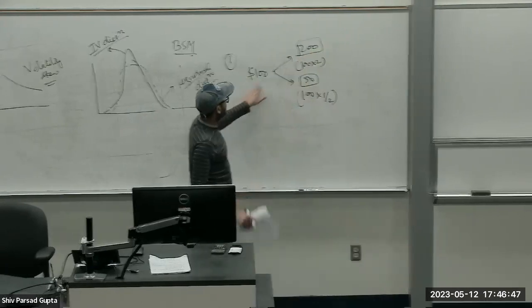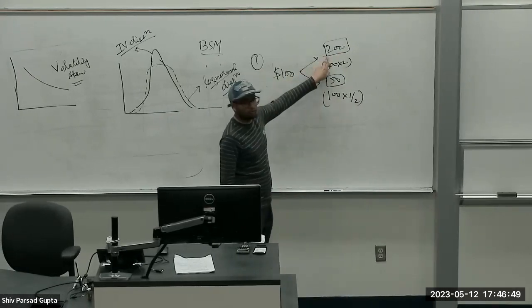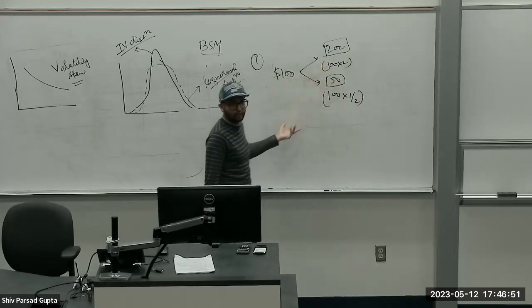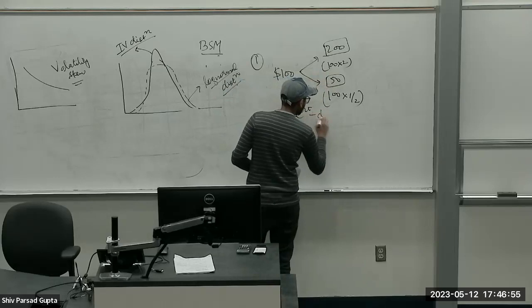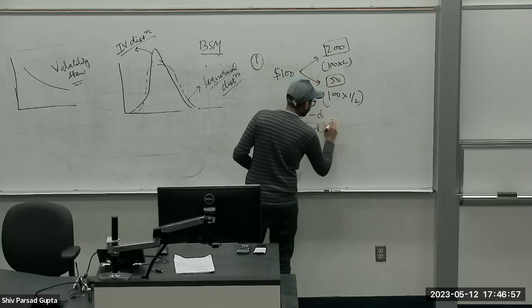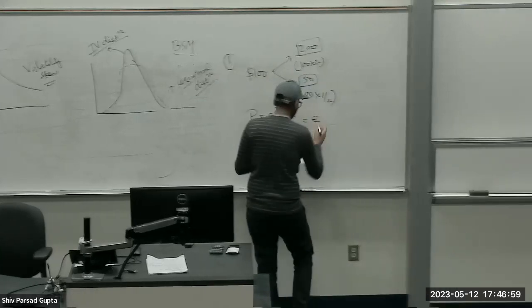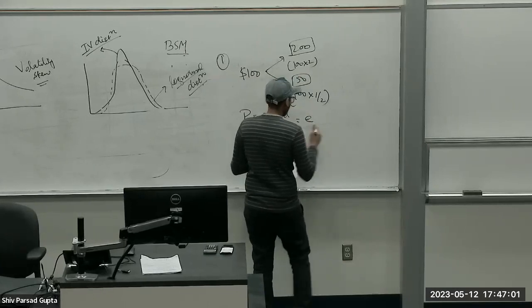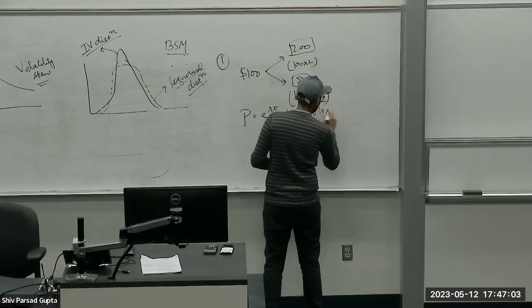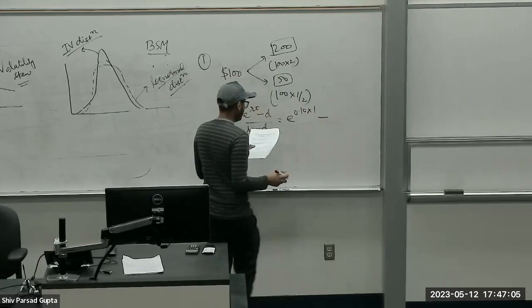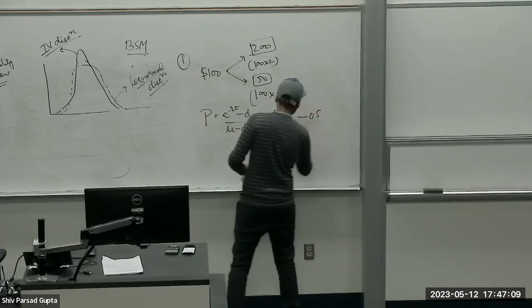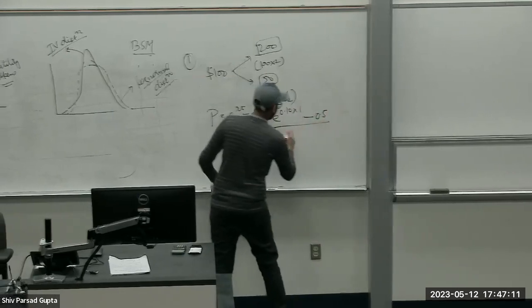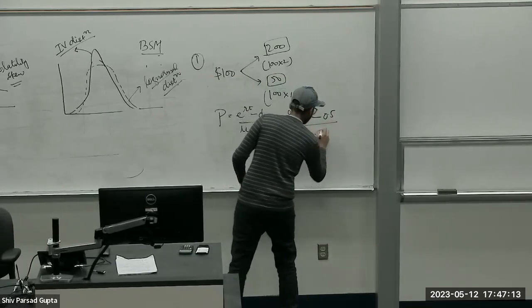Now, what is the probability that the stock price will rise from 100 to 200? We need to calculate it using a formula, that is p equals e to the power rT minus D, divided by U minus D. The risk-free rate is 0.1, 10%, so 0.10 into 1, time is 1 year, and D is half, that is 0.5, divided by U, which is 2, minus 0.5.